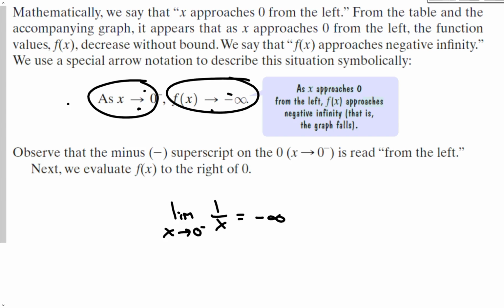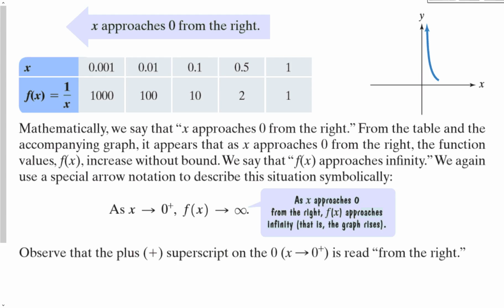This is good. This is a little better. Okay? Let's look at the other way. So as x approaches 0 from the right, as I plug into my function, right? Remember, here is my function. As I plug in 1, I get 1. As I plug in 0.5, I get 2, and bigger and bigger and bigger.